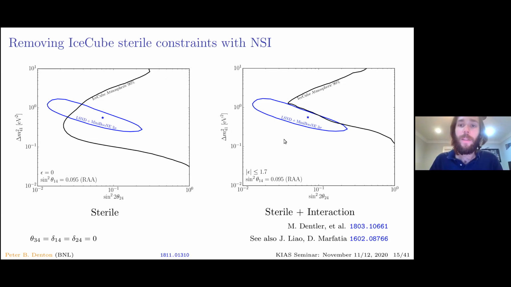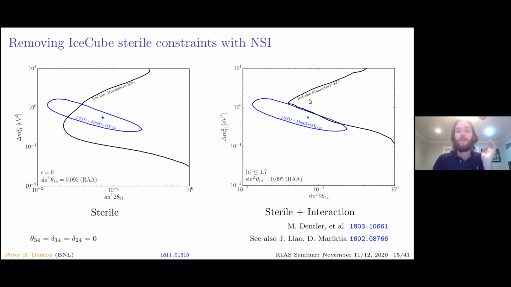However, if we add in this new interaction and marginalize over it, going up to an epsilon of 1.7, which means it's about the same size as a weak interaction, which is pretty strong, this constraint completely goes away, for the reason we just saw. So we can have a sterile neutrino with the parameters preferred by LSND and MiniBooNE, and IceCube wouldn't see anything.